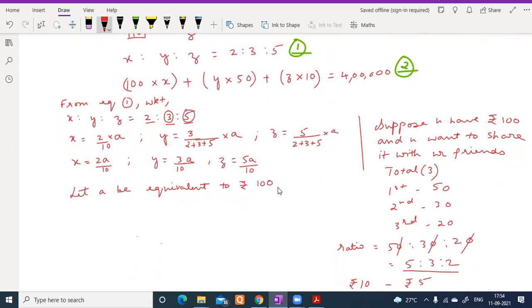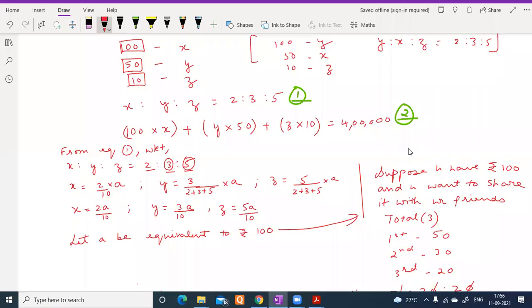The total amount which we are having, let us assume it to be equal to A. Hope it's clear, it's not so confusing. So you should not confuse it with 4 lakh.